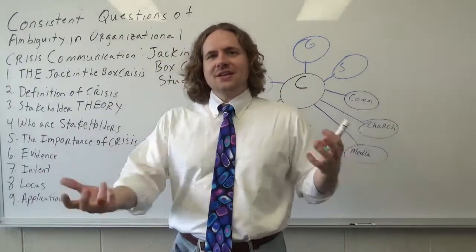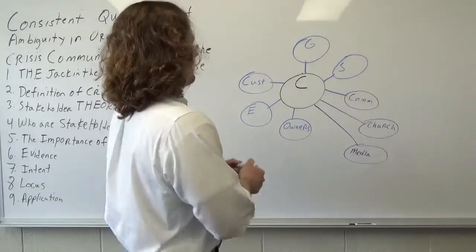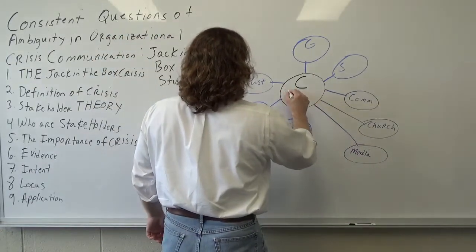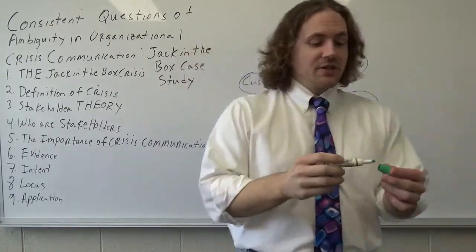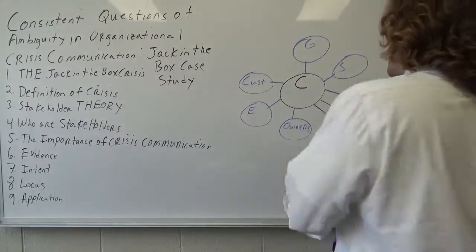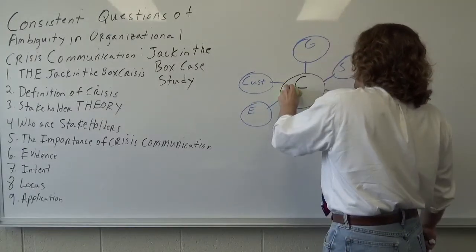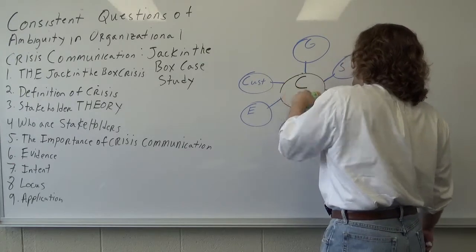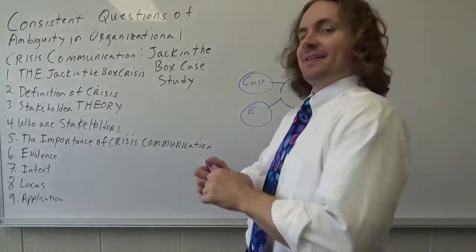So if we were to fill this in for Jackinthebox, instead of saying the corporation, you're going to say Jackinthebox. Except you're going to say Jackinthebox with a pen that people can see. Not this green one that's not showing up. Let's try with the purple pen.